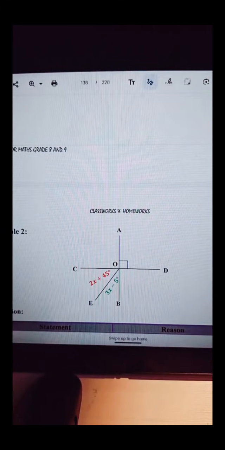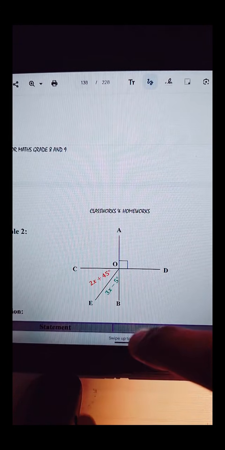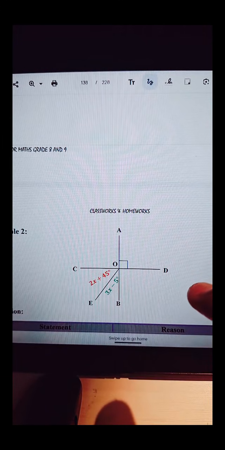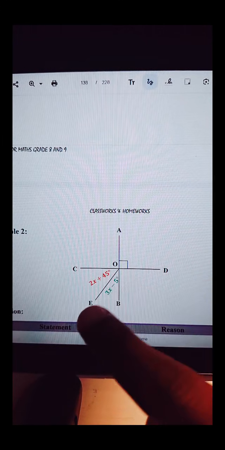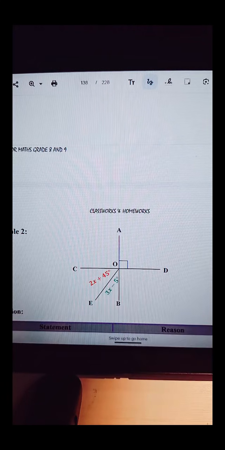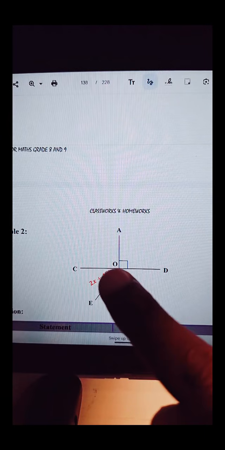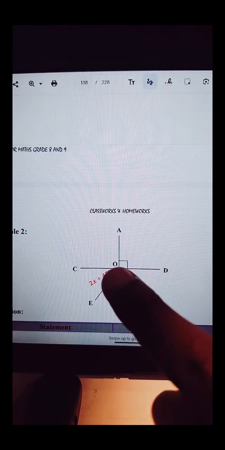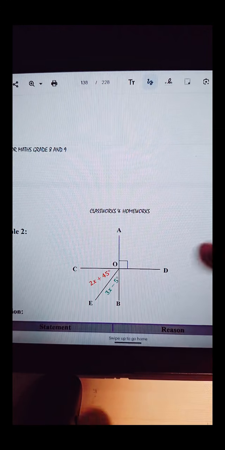If you look at this diagram, very important to note, A, B, C, D. Then there's a line here, which is OE, and OE joins to the origin, which is O there. So we have this box. What does the box stand for, guys?